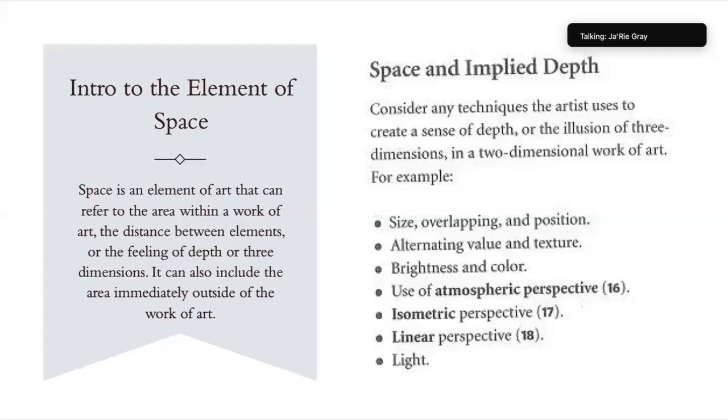Another thing is brightness and also color. So when it comes to brightness of color, or it could even be brightness of value, that also can describe space as well. Earlier in the class, I was talking to Angie about light drop off.